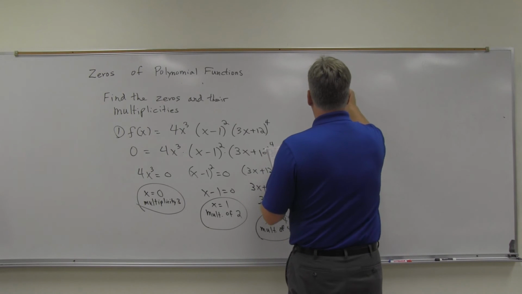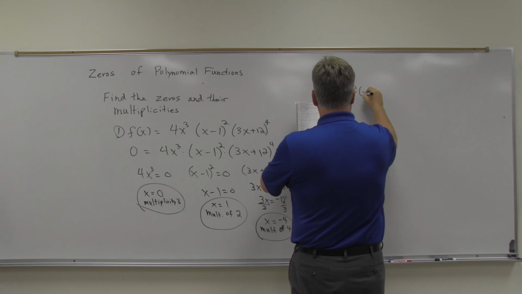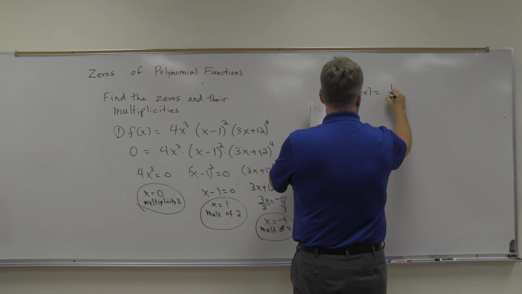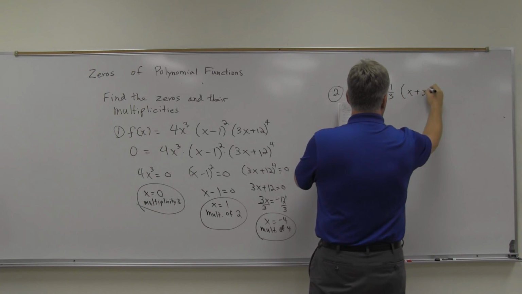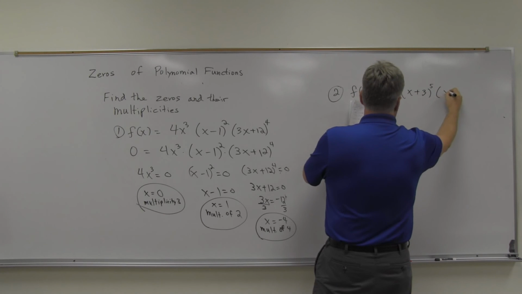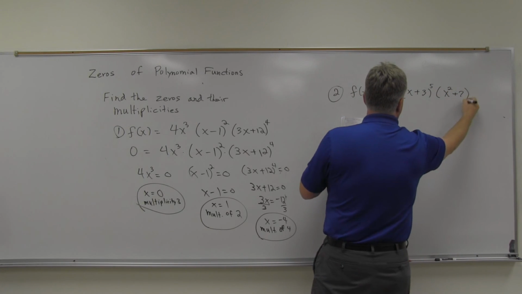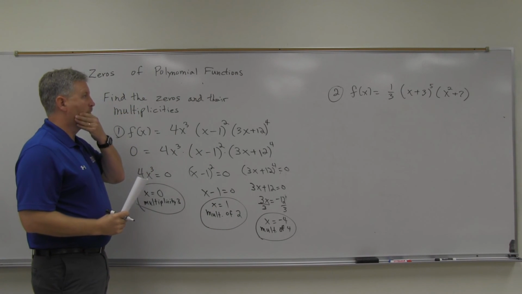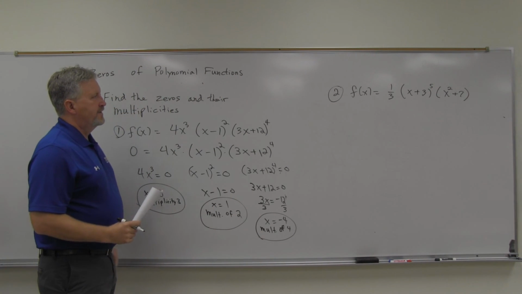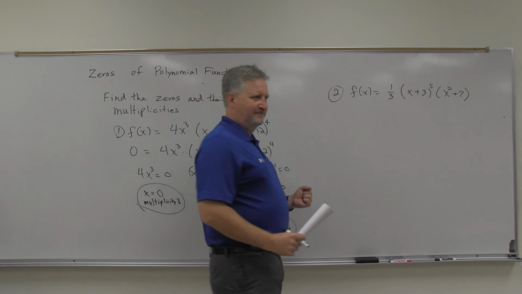What about this one? What are the zeros and the multiplicities of this one? F of x equals 1/3 times x plus 3 to the 5th times x squared plus 7. I mentioned this one for a couple of reasons.